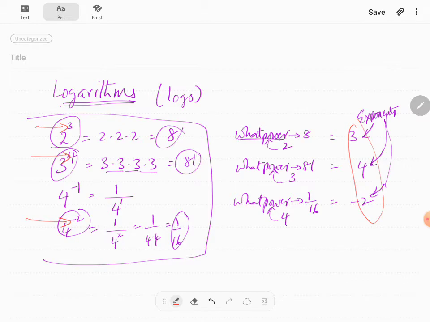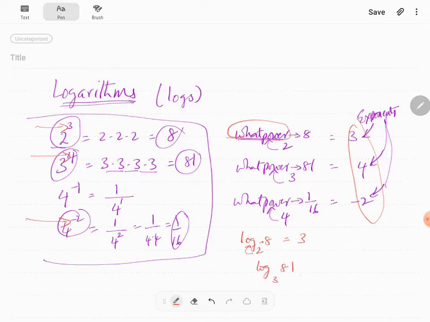So if I replace this phrase "what power" with log and write it neatly, log 8 to the base 2, in other words, I'm asking you the question, 2 to the power of what is 8? Just 3. You don't have to do that each time, but keep that concept in your mind.